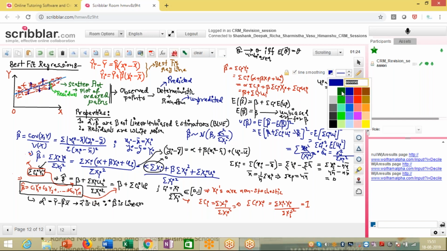So this becomes the sampling distribution for beta hat.